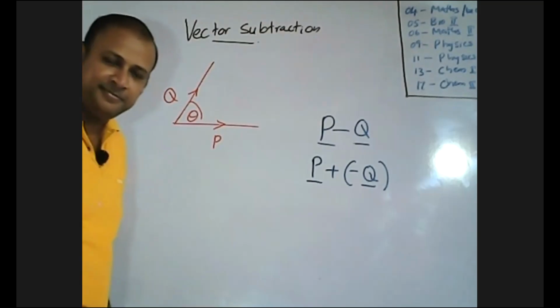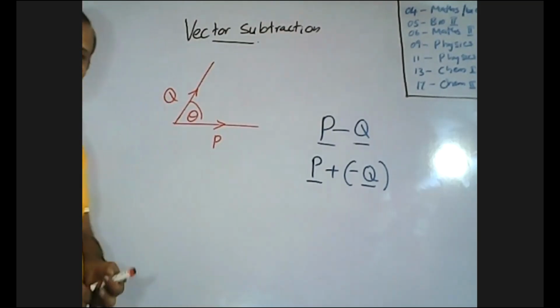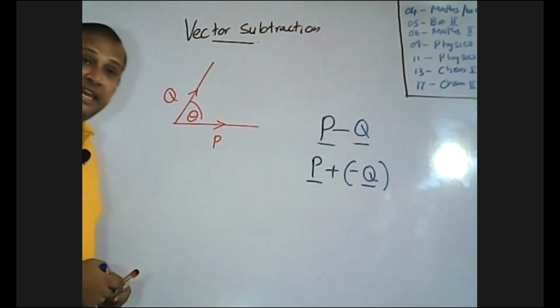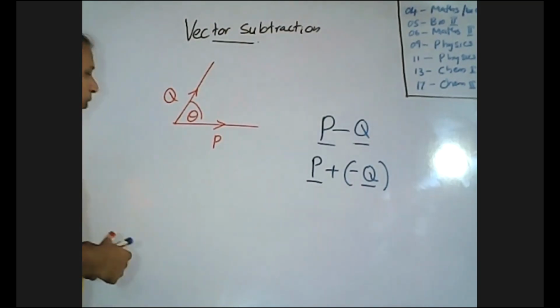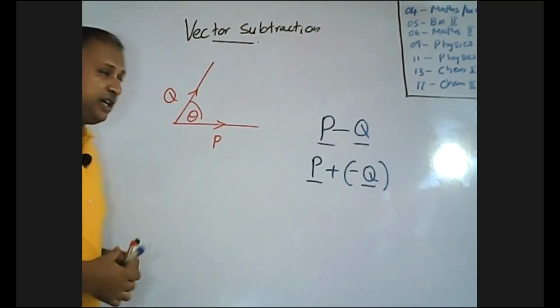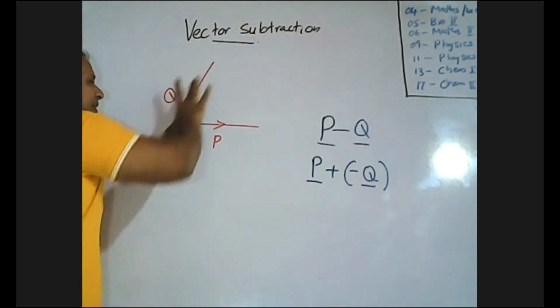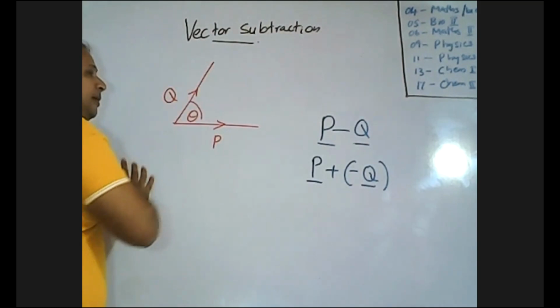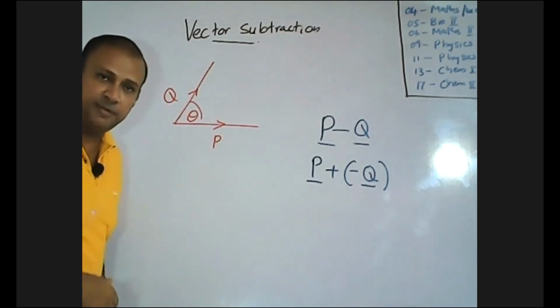How to create the thing? Actually, I have to draw a vector which is equal in magnitude and opposite in direction.